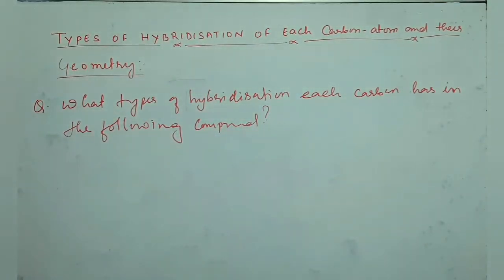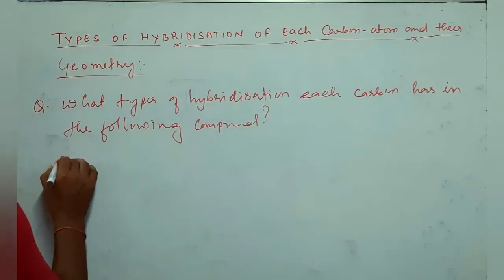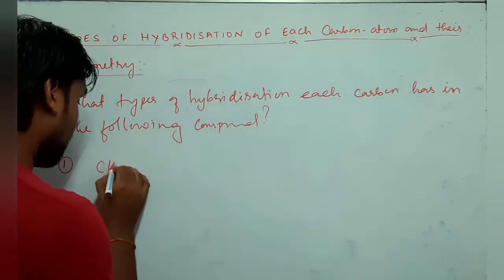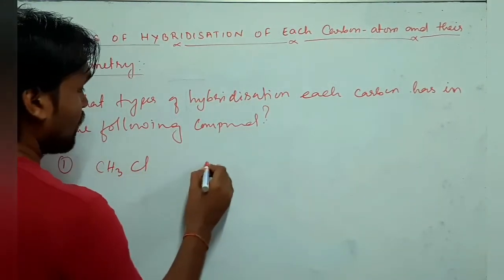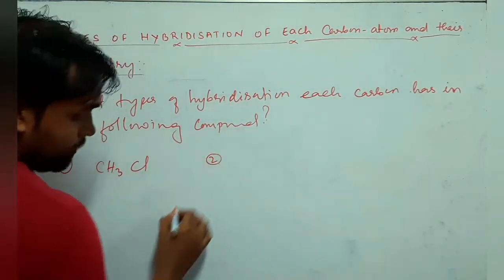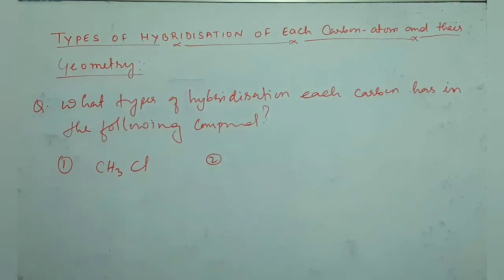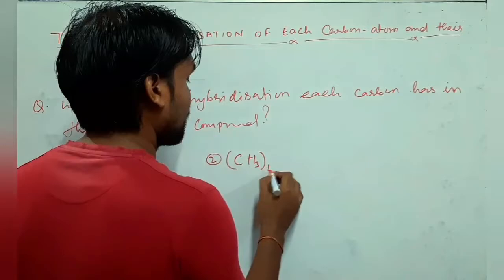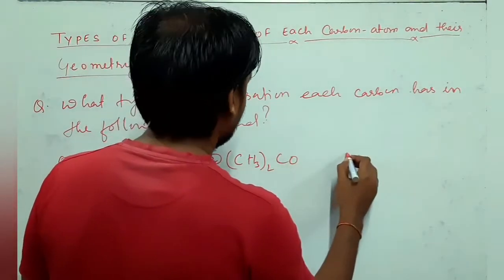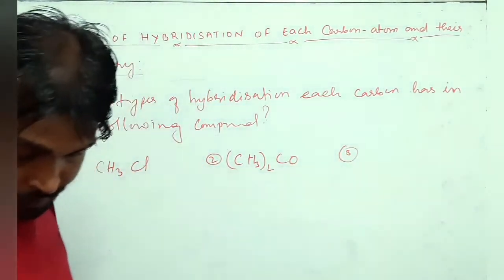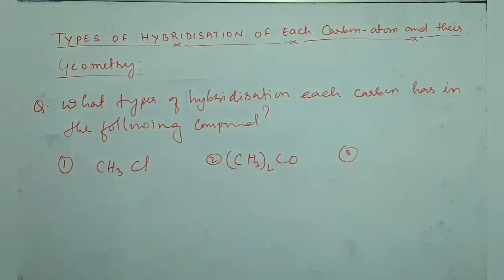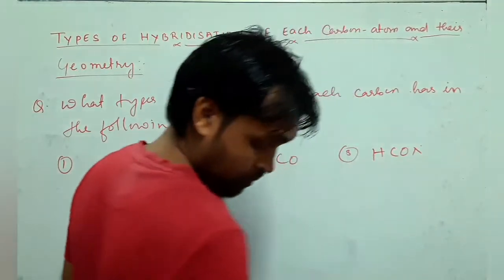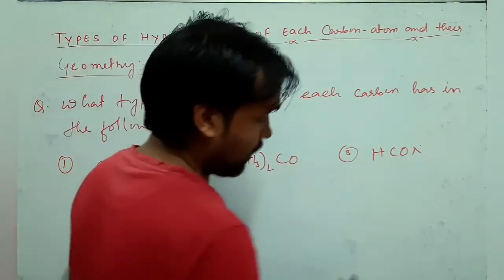The first question is number 1, CH3Cl. The second one is (CH3)2CO, and the third one is HCONH2.